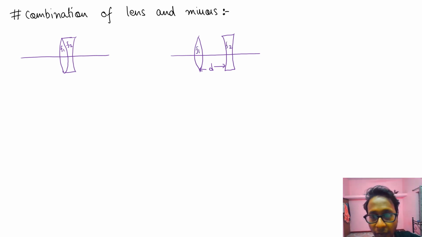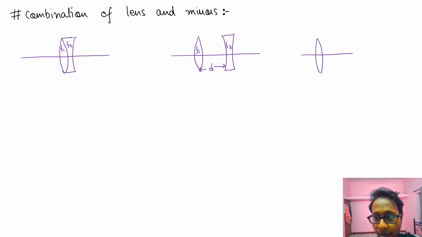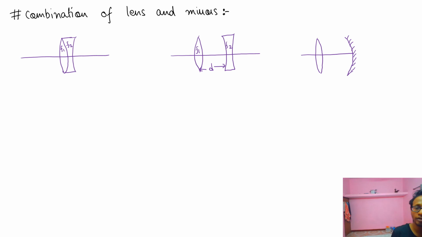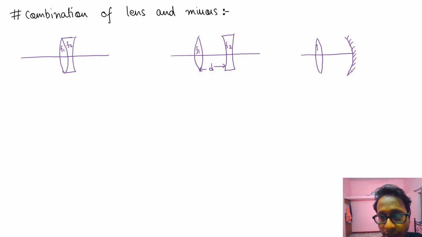There might be some other combination. Suppose this one is a lens and this one is a concave mirror, a lens and a mirror. Whichever combination it is, this one has a focal length f1, this one has a focal length f2.